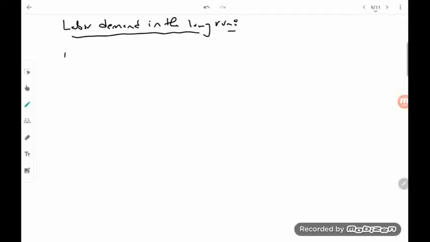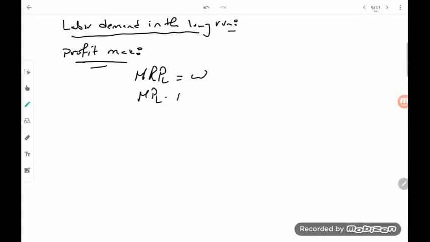So the profit maximizing condition in this case, in case of short term, where we have only one factor of production, we said that marginal revenue productivity of labor is equivalent to wage rate, or marginal product of labor multiplied by the price is equal to wage rate.